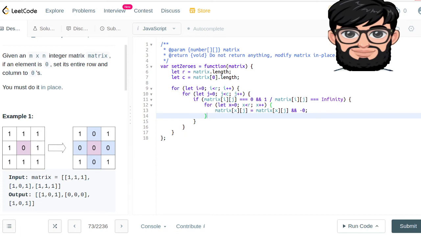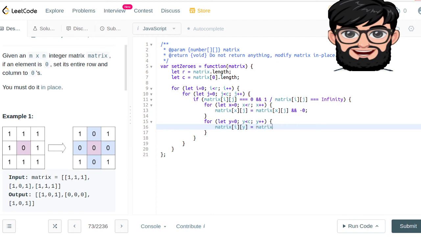We're gonna do the same thing for every row. So for the whole row, let y is equal to 0, y is less than c, y plus plus, and then the matrix of i and y is equal to the matrix of i and y, and minus 0.